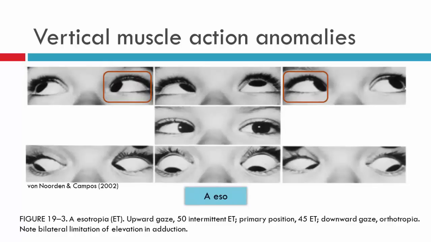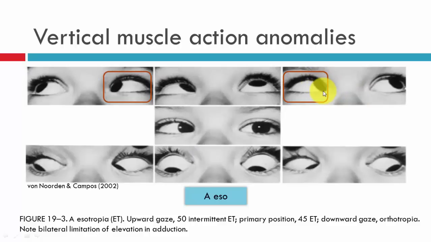One more example. Here we have a patient who clearly has an esotropia in primary position. The esotropia is larger in upgaze and smaller in downgaze. We have an AESO in this instance. We don't have all 9 positions of gaze in this particular instance, but what we can clearly see is, in elevation in the tertiary positions here, we have an underaction of the inferior oblique.